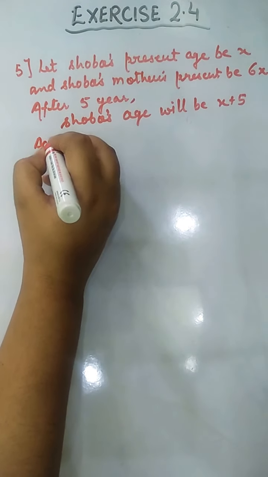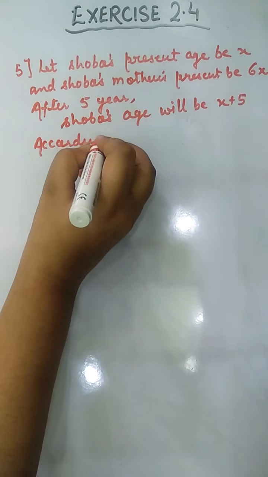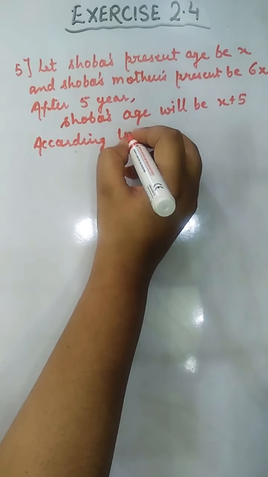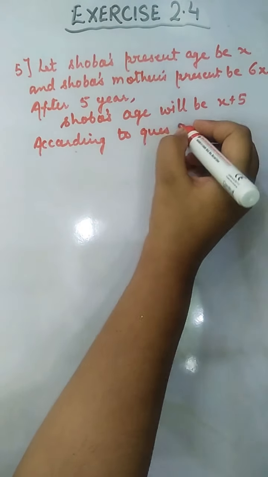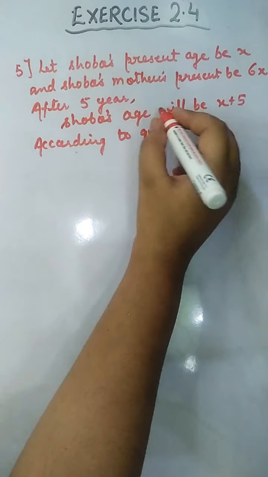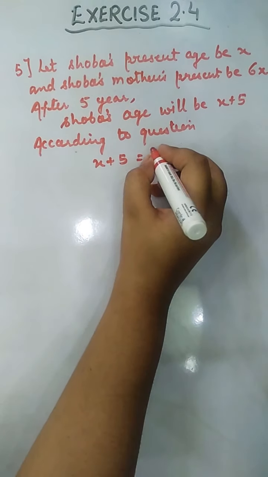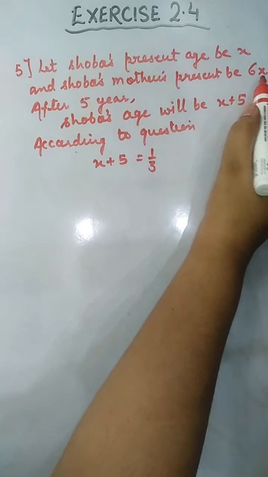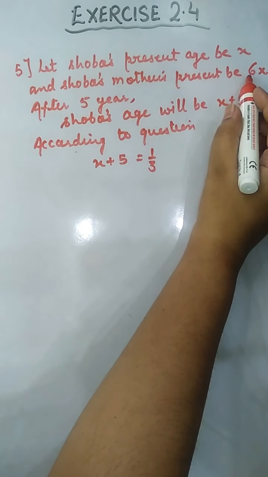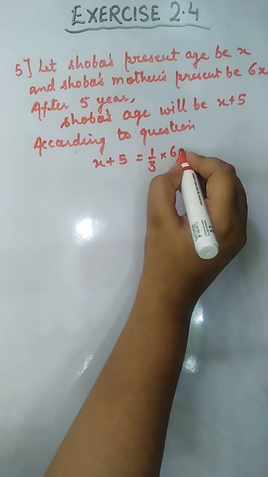Now according to the question, whatever will be his age after 5 years is 1/3 of his mother's present age. So the present age is 6x.